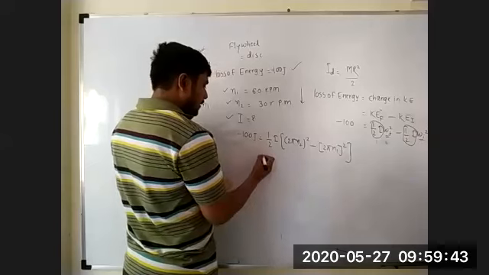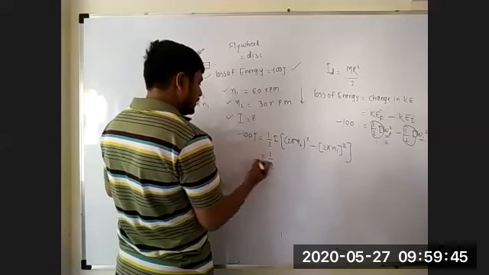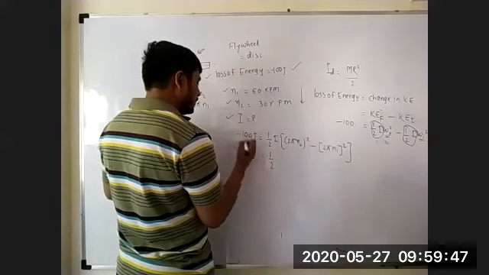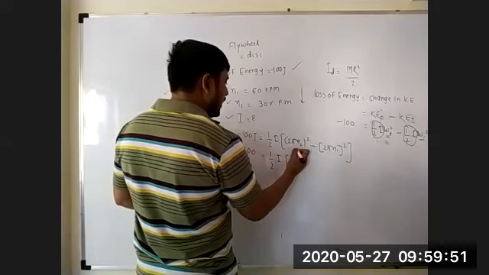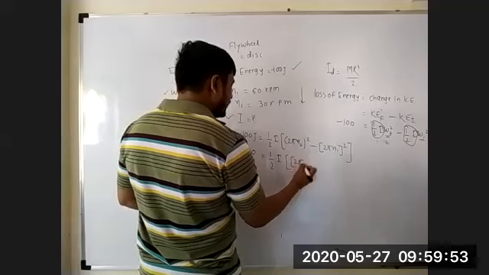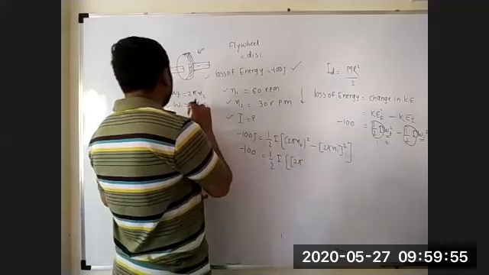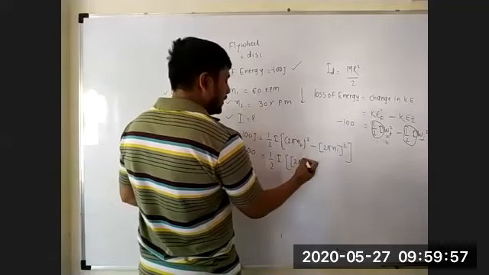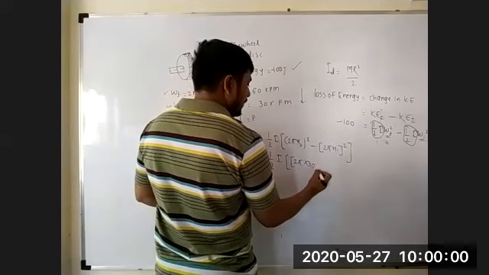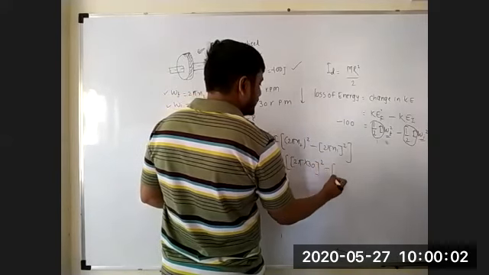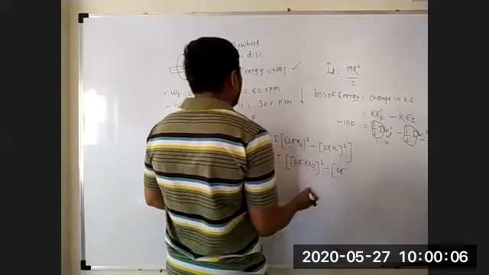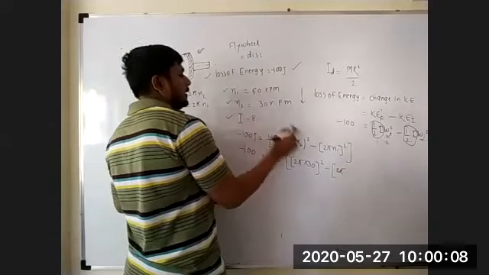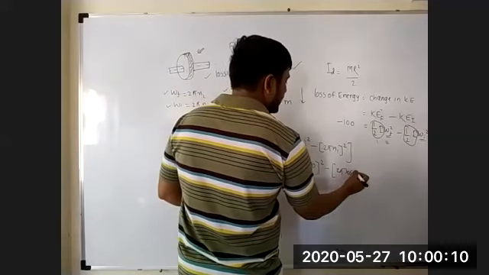So 1 by 2, minus 100 joule as it is. I we don't know, that we want to calculate. 2π as it is, n2 is equal to 30 rpm, keep it in rpm, bracket square minus 2π as it is, and instead of n1 you can write 60, whole bracket square.